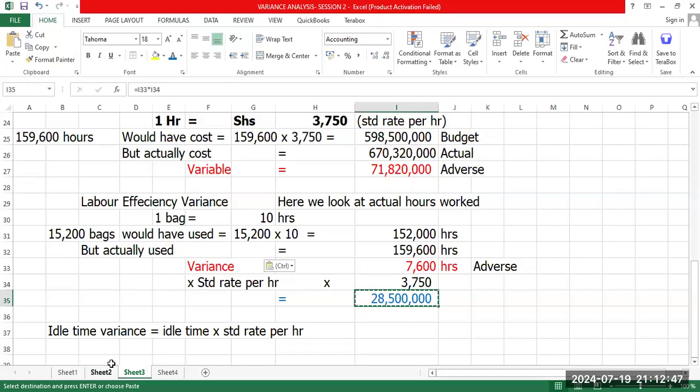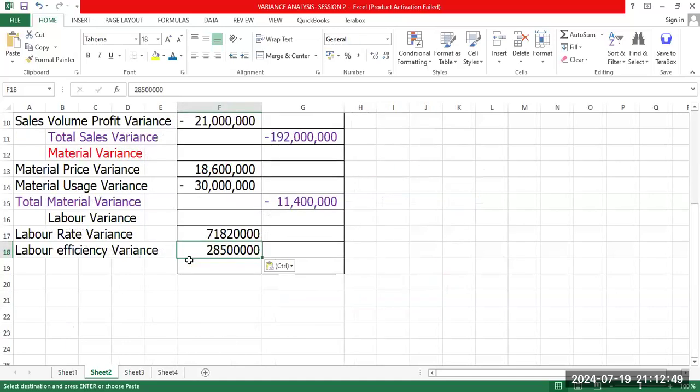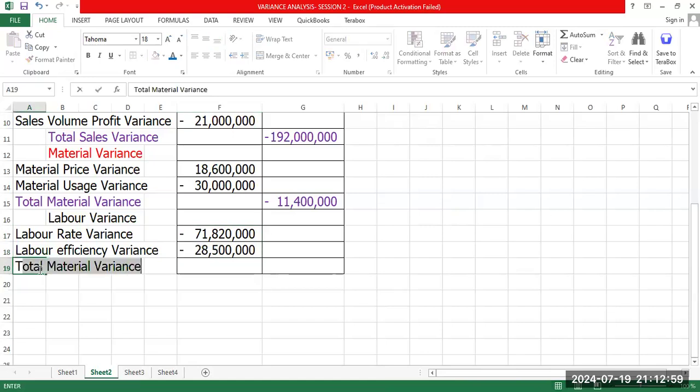So we put these figures in the bracket. And you can get the total labor variance, which is equal to this one plus this.